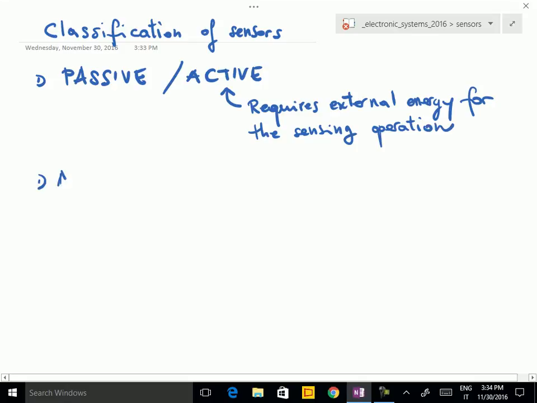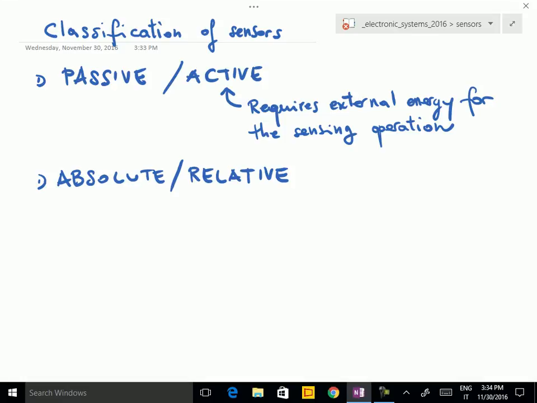Then another classic type of classification is in terms of absolute sensors and relative sensors. The absolute sensors provide a measurement with respect to an absolute scale. And of course, the relative sensors provide a measurement with respect to a relative condition.